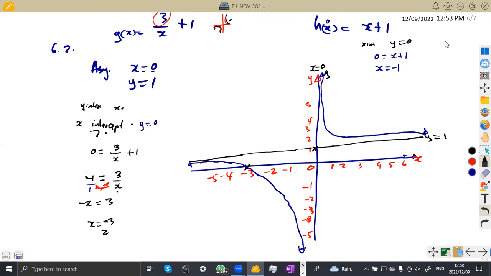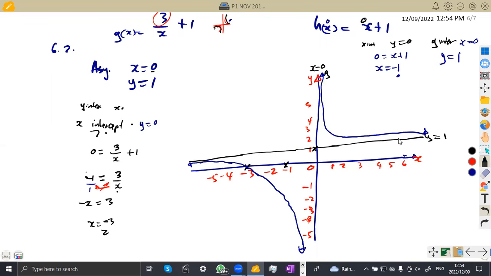Then for the y-intercept, x is going to be equal to 0 this time. So if x is equal to 0 here, that means y is equal to 0 plus 1, which is 1. So our x-intercept is at -1, which is somewhere here.